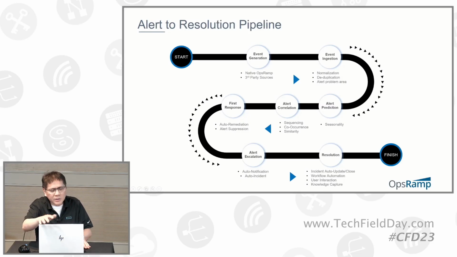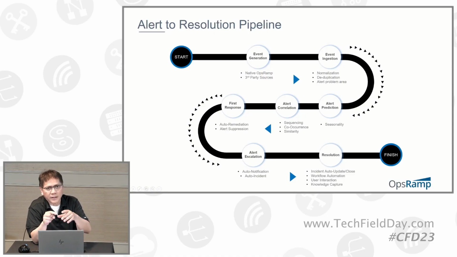After we send out that first notification, if nobody acknowledged or did something, then it gets escalated again. Now you could have email sent to the managers. And if nobody does anything to the alert, we could further escalate it, maybe create an incident automatically.